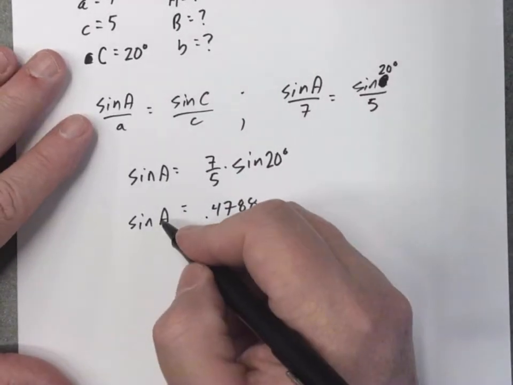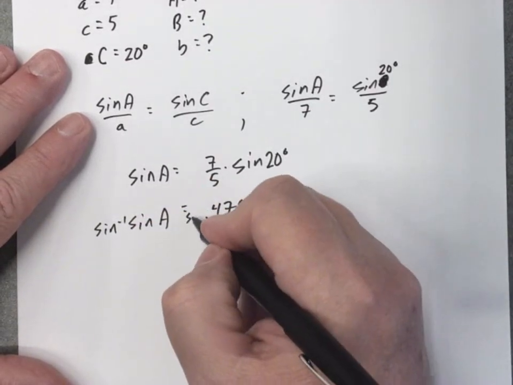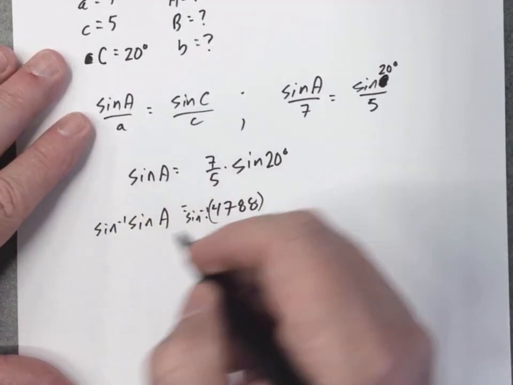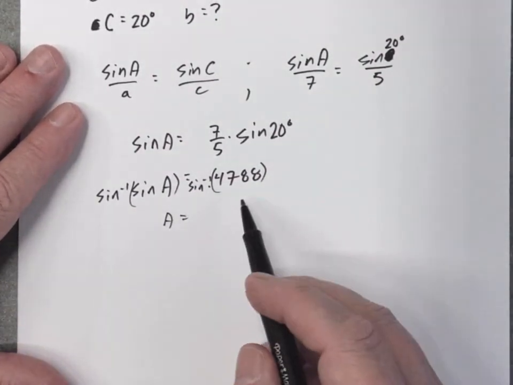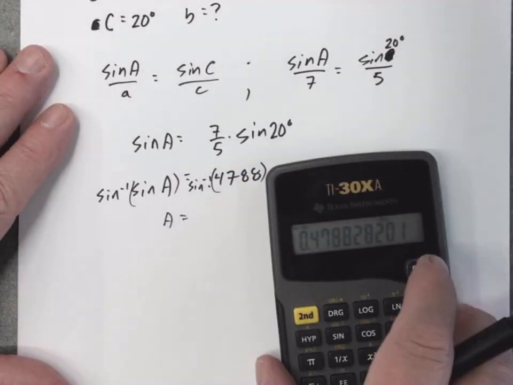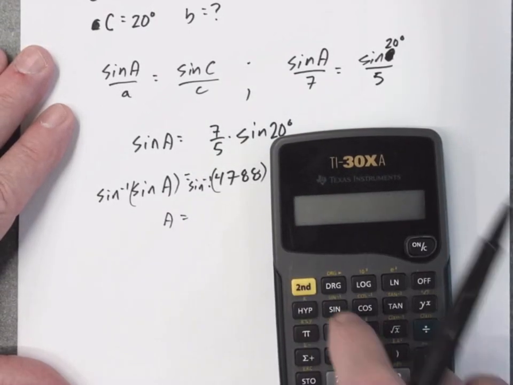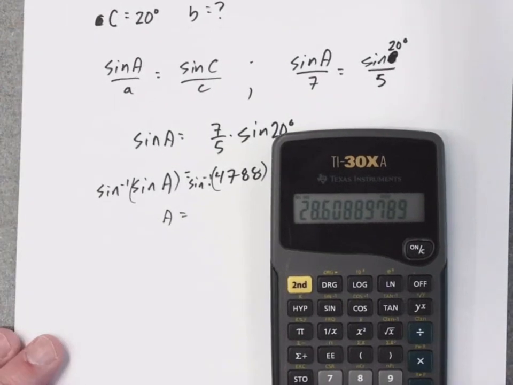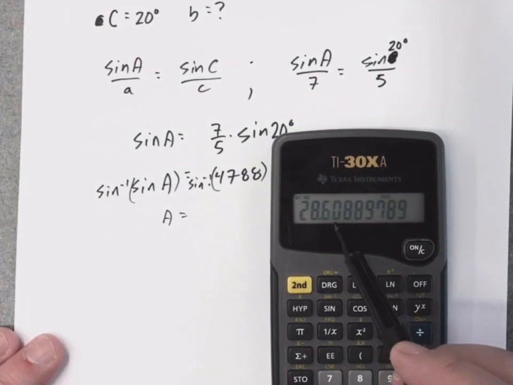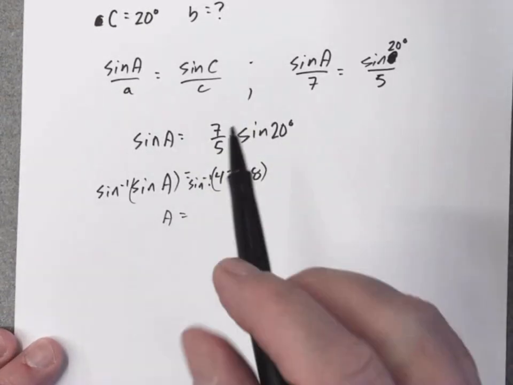If I want to actually figure out A, take the inverse sine of both sides. Now the inverse sine of this, it's still in my calculator. So I go to inverse sine. Now they said they want 2 decimal places, so it looks like 28.608. So it should be 28.61.